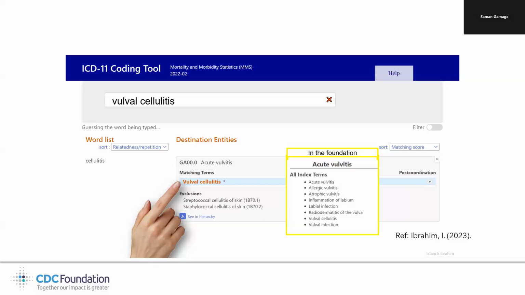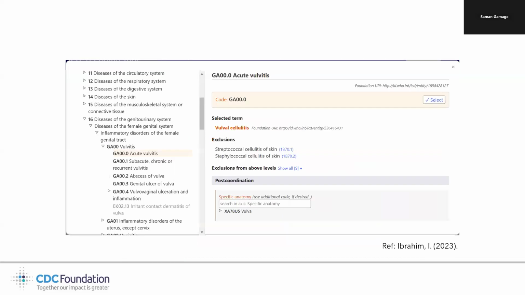However, they all have unique resource identifiers. Here is the URI for acute vulvitis, but there is a specific URI for vulval cellulitis. Similarly, for all the other conditions, there are specific URI.